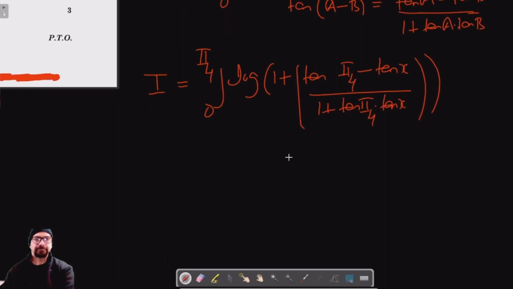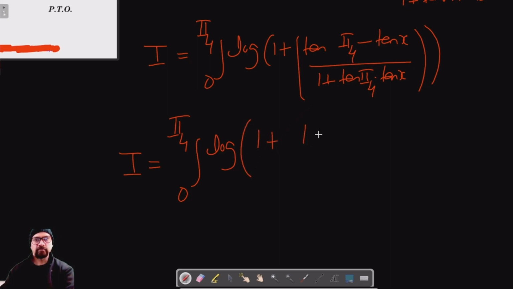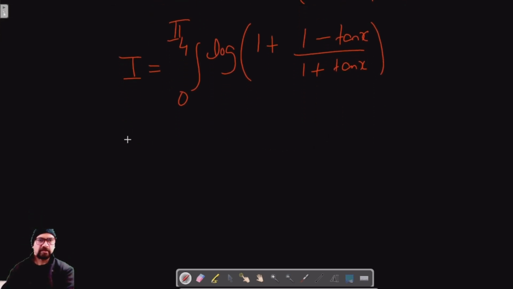Okay, now I is equal to the integral from 0 to pi by 4 of log of 1 plus, tan pi by 4 is 1, minus tan x, upon 1 plus tan pi by 4, which is 1, into tan x. Let's take the LCM here.